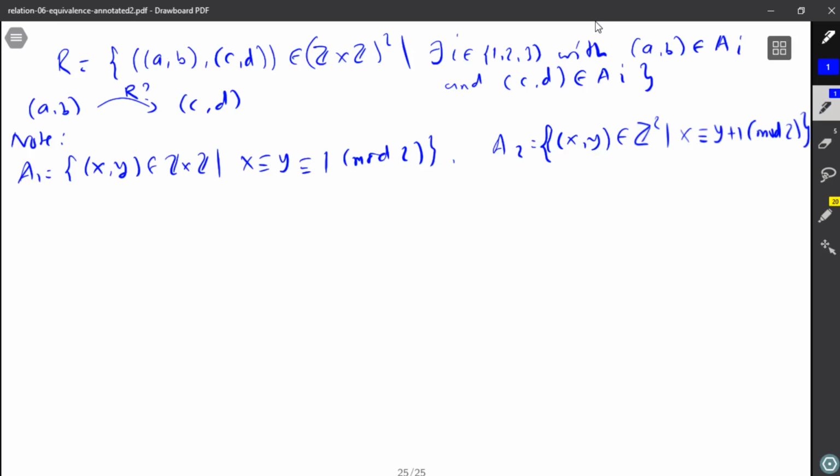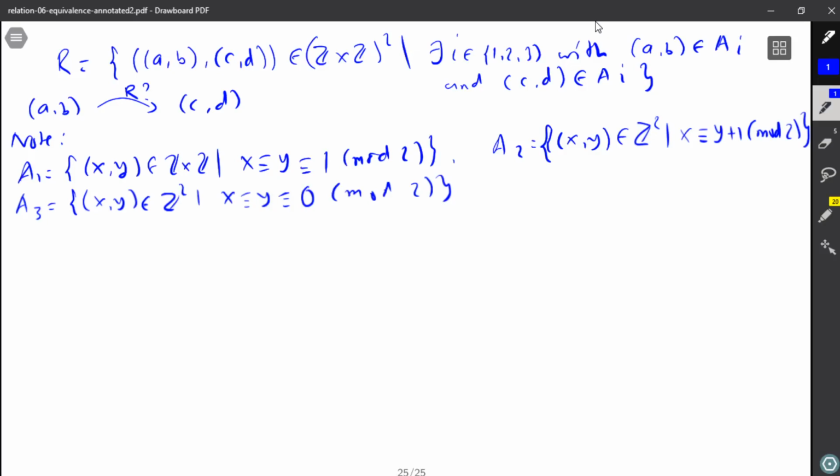And then of course A3 could be written as the pairs x comma y such that x is equivalent to y is equivalent to 0 mod 2. Now notice that these three conditions are all disjoint, so there is no way for a pair x comma y to satisfy two of them simultaneously.